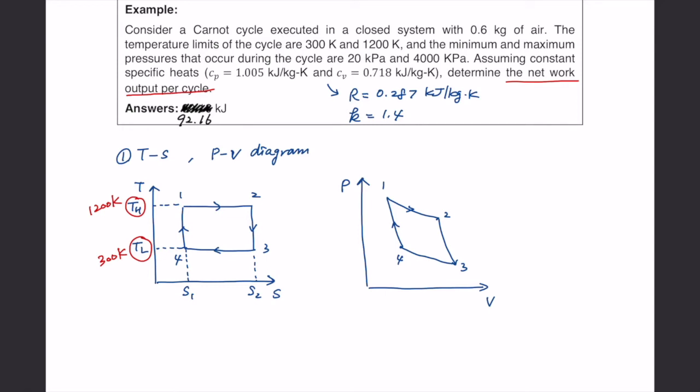And from the given PV diagram, now we know P1 and P3 as the maximum and minimum pressure. So in this case, P1 is 4,000 kilopascal, and P3 is given as 20 kilopascal.